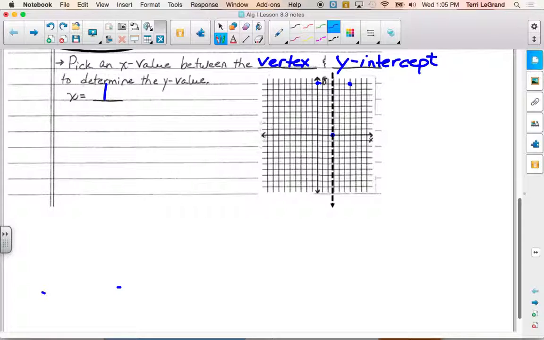So how do we get the y value? We put it into our equation. We're going to substitute into the equation that we had. So y equals 1 squared plus negative 6 times 1 plus 9.